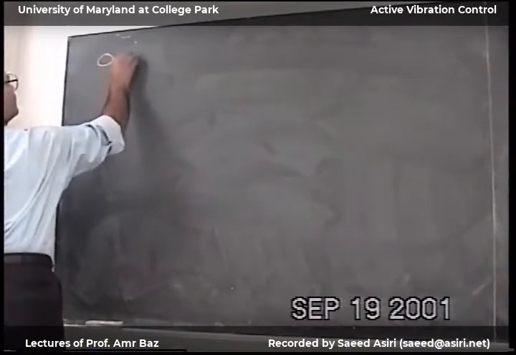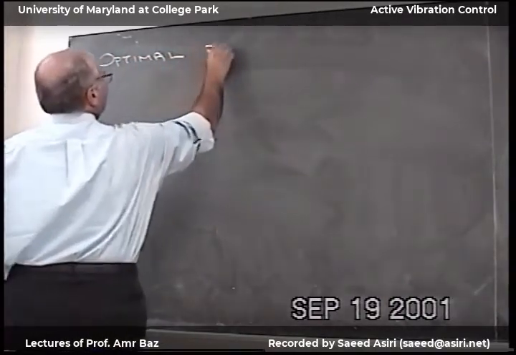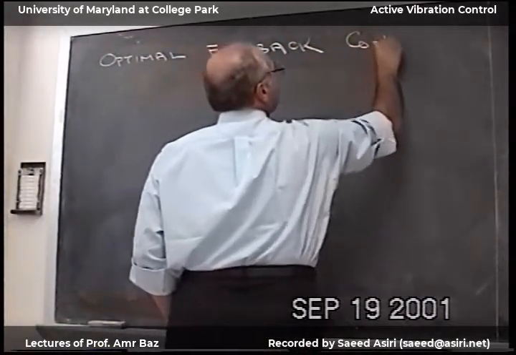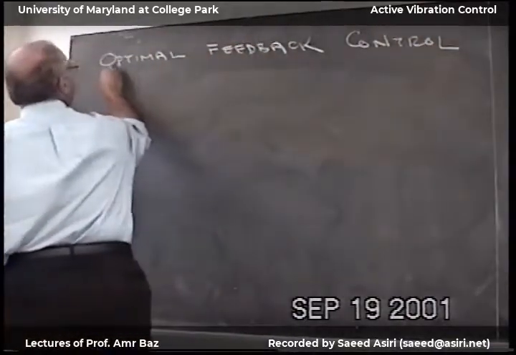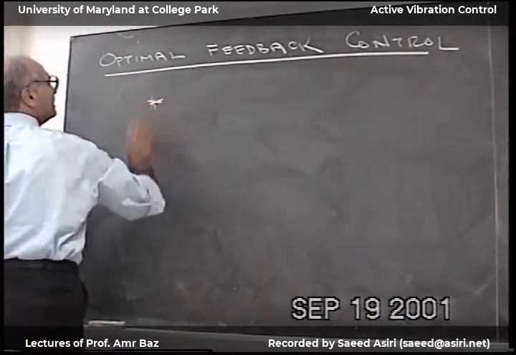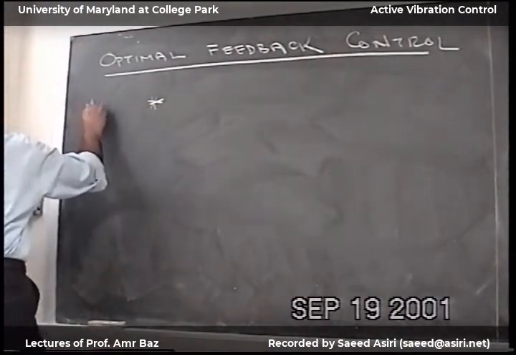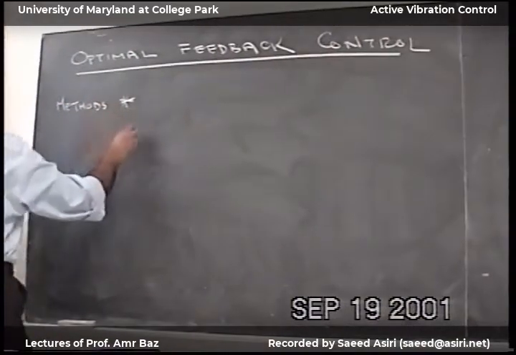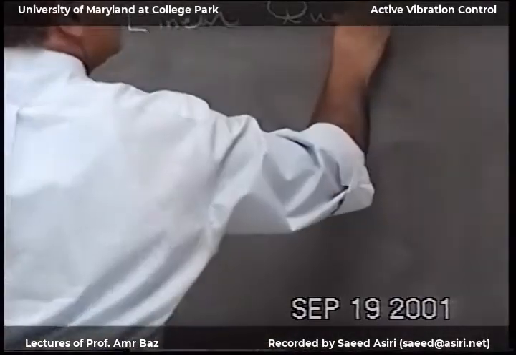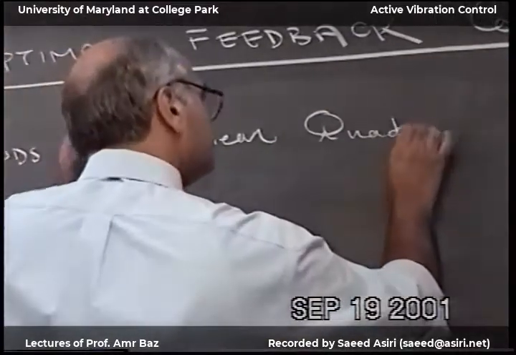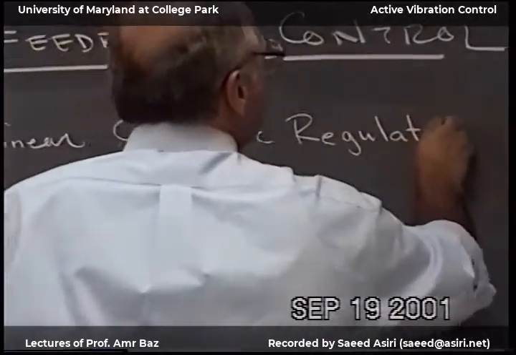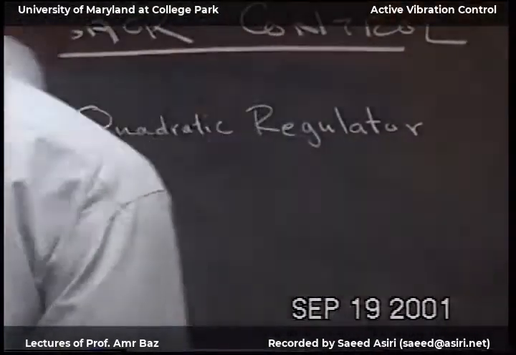Topic which is optimal feedback control, and in this chapter we will discuss the following methods: linear quadratic regulator, and we'll do 2 things here.